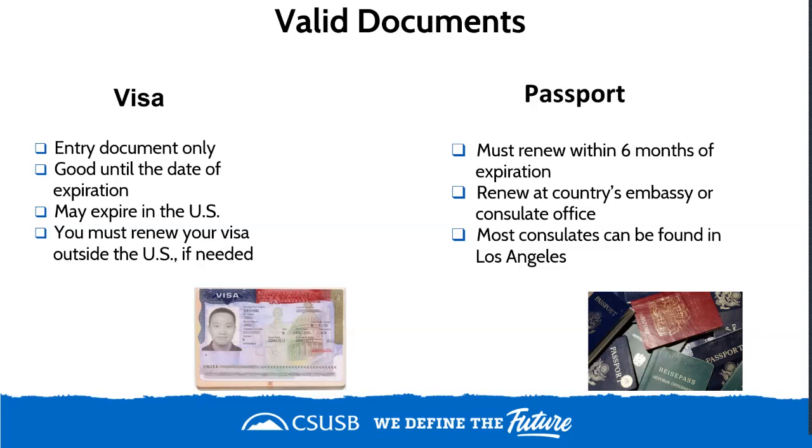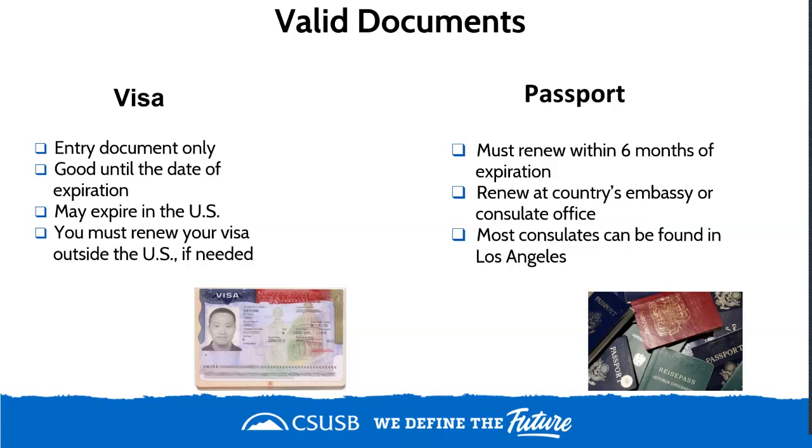While you're in the U.S., this visa stamp may expire, and that's okay. As long as your I-20 or your DS-2019 and passport are valid, you are welcome to remain in the U.S. However, if you leave the U.S., you will have to renew this visa stamp.